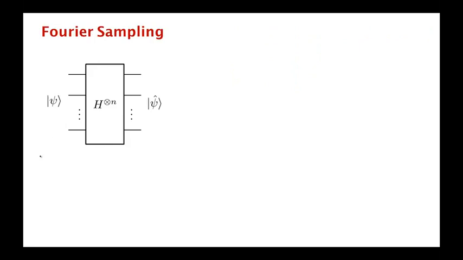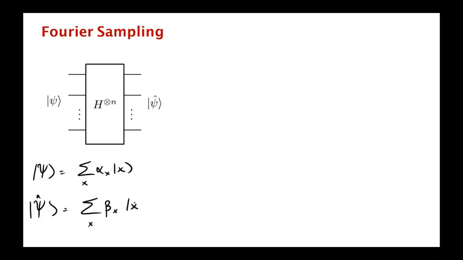So now, here's the new primitive that we have. The new primitive is that we can start with any old superposition psi that we want. So we set up some superposition on n qubits psi. Then we apply the Hadamard transform. Okay. So we get as output some new superposition. So psi might be the superposition sum over x, alpha x, x. Psi hat is some new superposition sum over x, beta sub x, x.